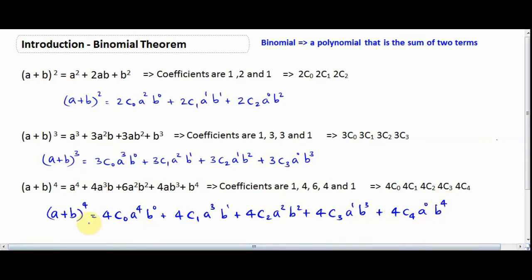Okay, so we have written expansion of a plus b square, a plus b whole cube and a plus b raised to 4 in terms of combination values.